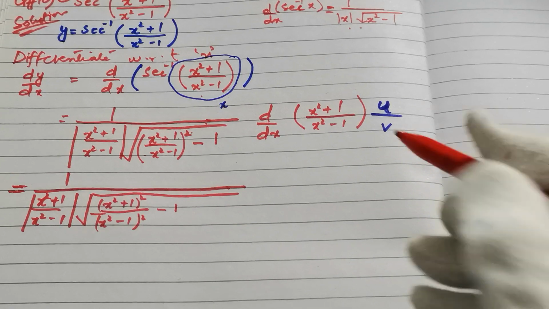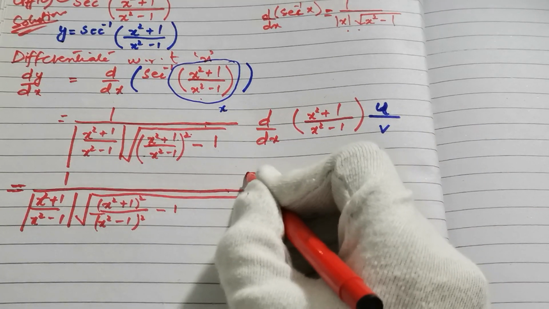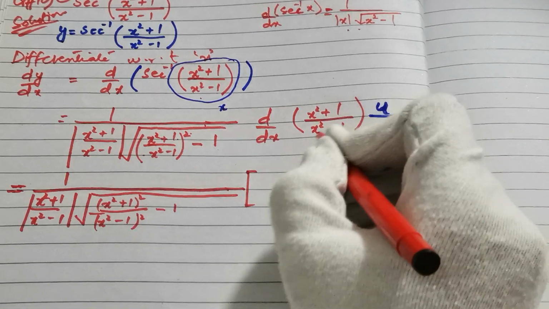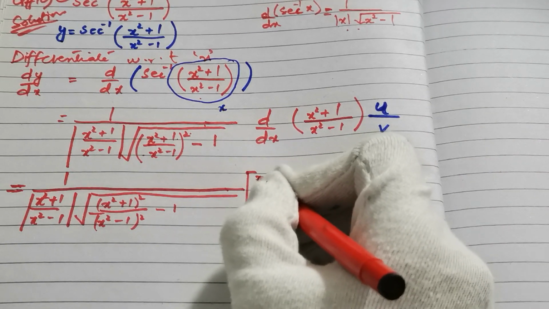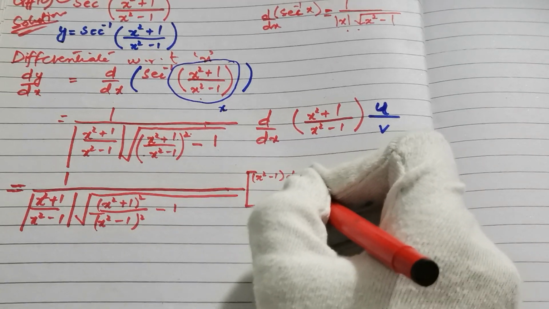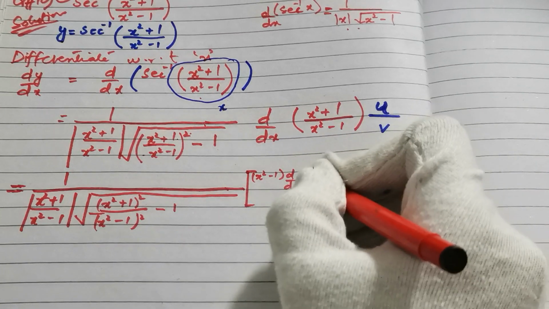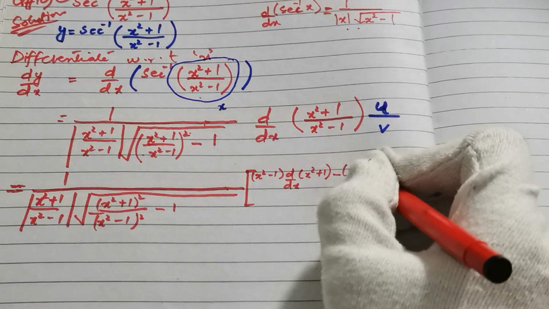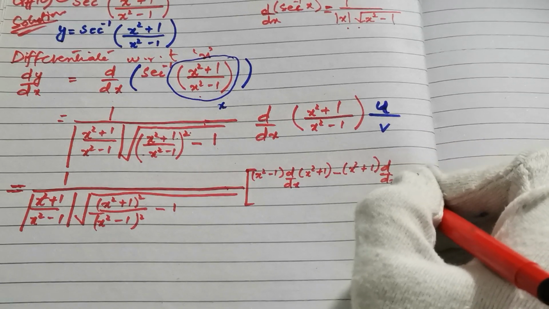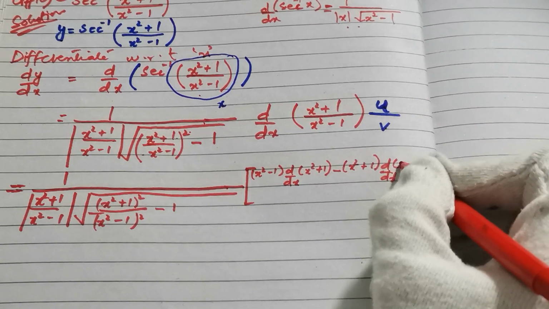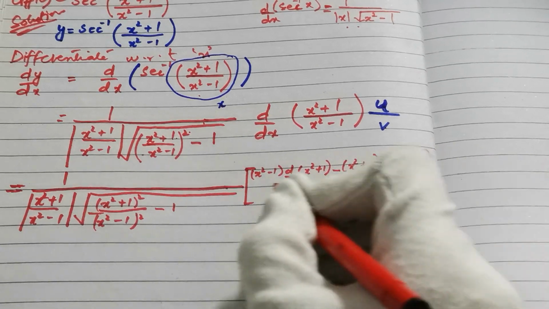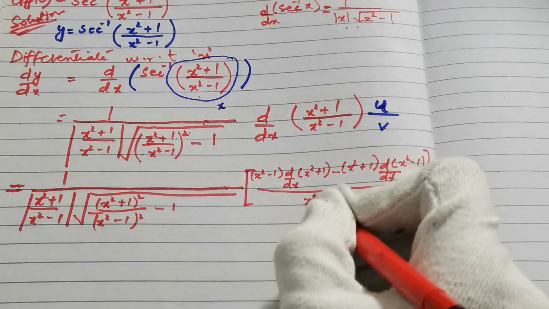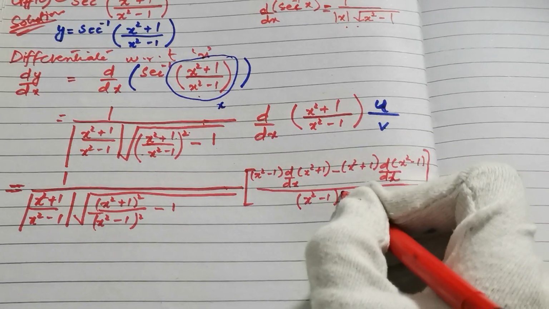So derivative of u by v is equal to v times derivative of u minus u times derivative of v, divided by v square. Here v is x square minus 1 and u is x square plus 1.